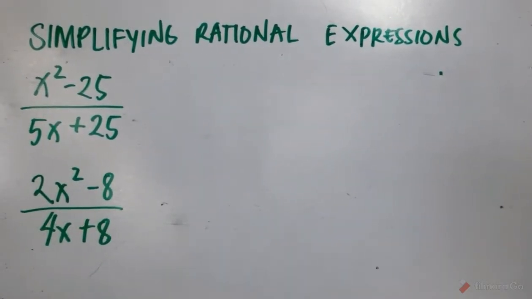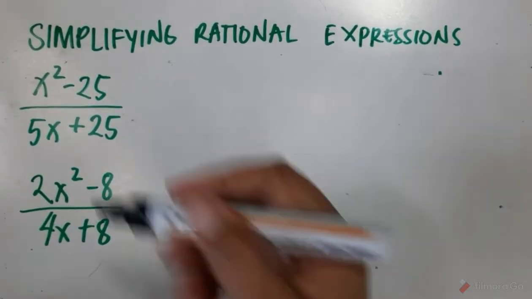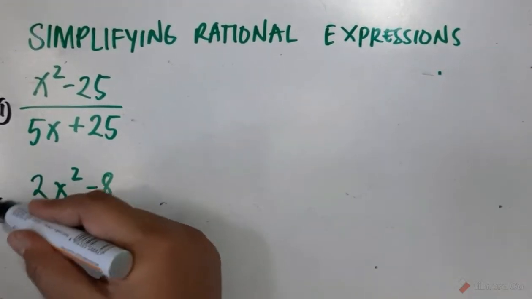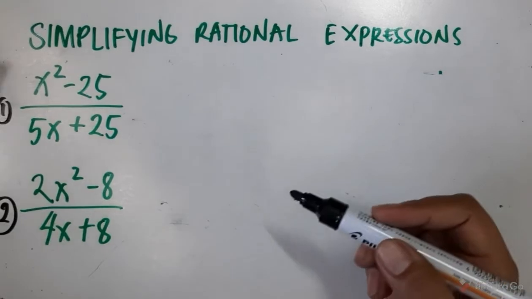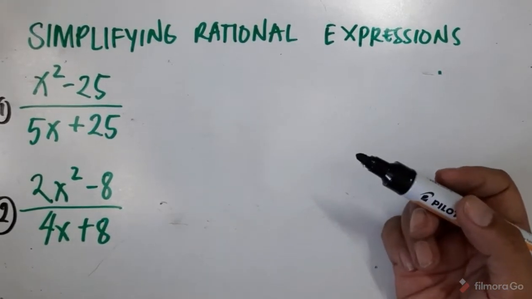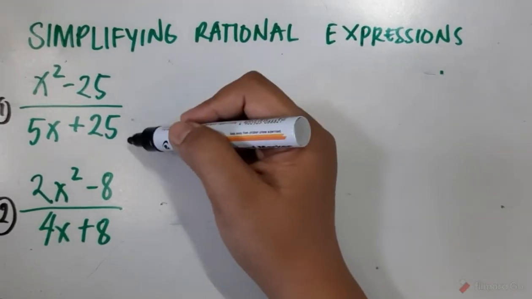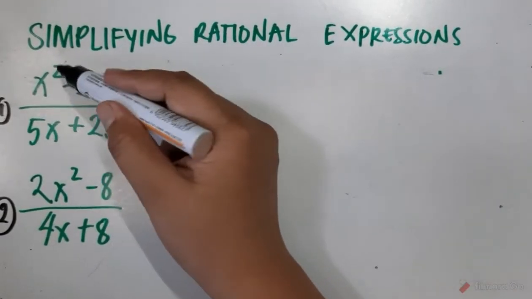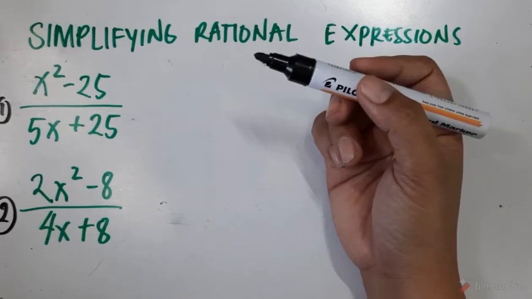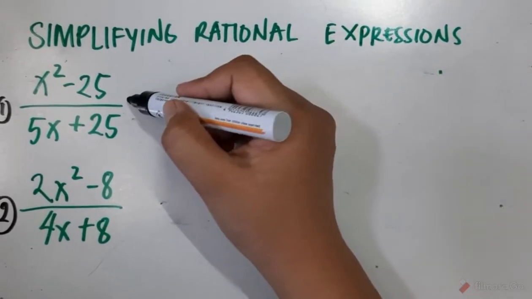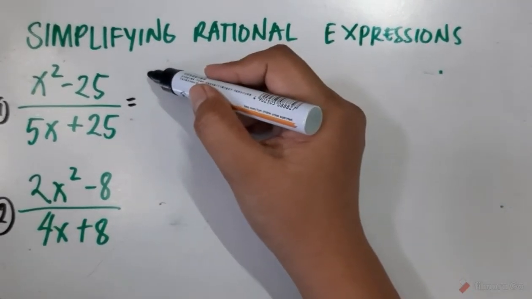Okay, let us continue simplifying these two given rational expressions. Again, step 1 is to factor each numerator and denominator. So x squared minus 25, as you see, we can use special product factoring.